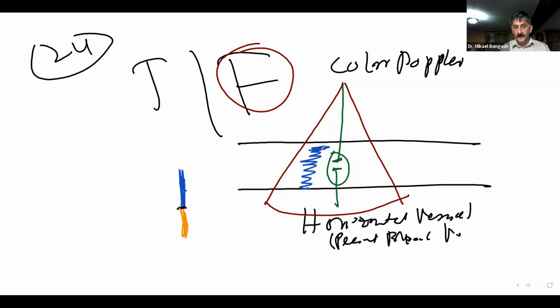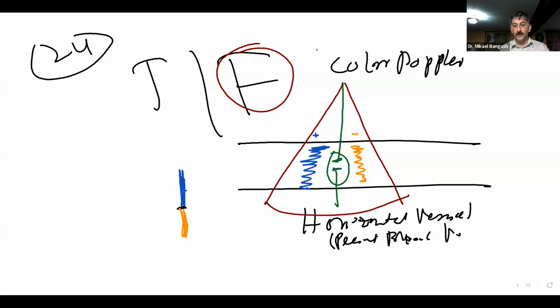It mainly means this side of the window is a positive Doppler shift. On the other side of the window here is going to be the negative Doppler shift.